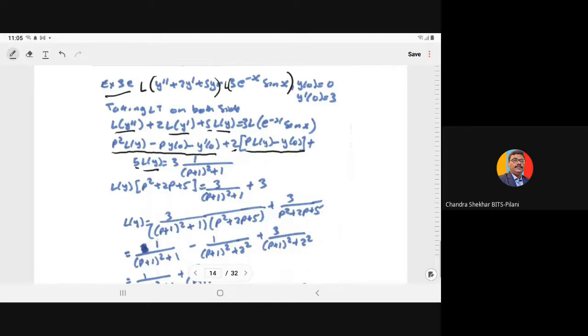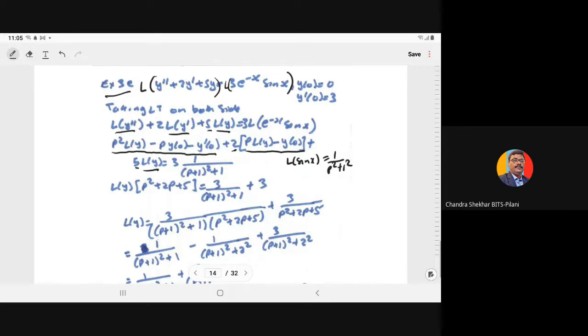Now the Laplace transform of sin ax is equal to a upon p square plus a square.